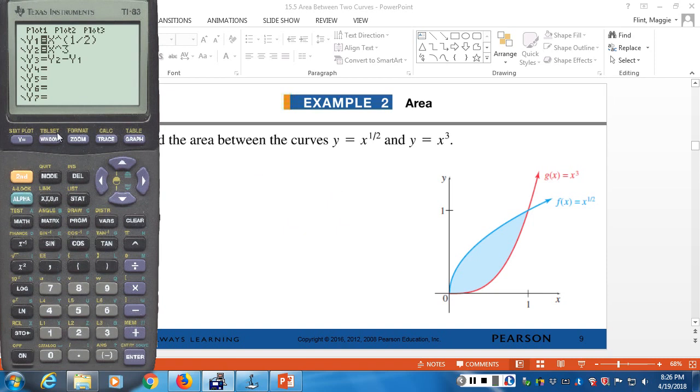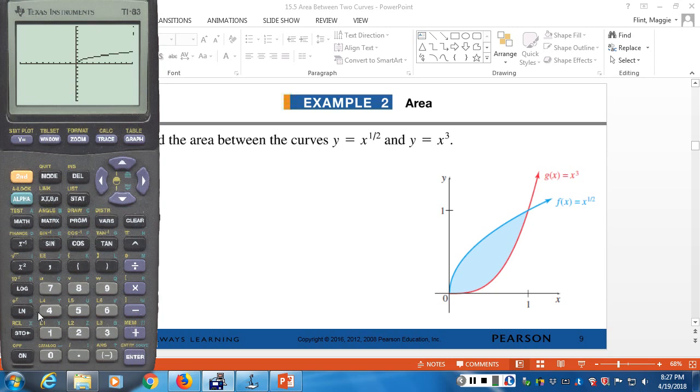And for this one, you really would just have to play around to find a proper domain. You might even want to start on your standard window. Just to get an idea.